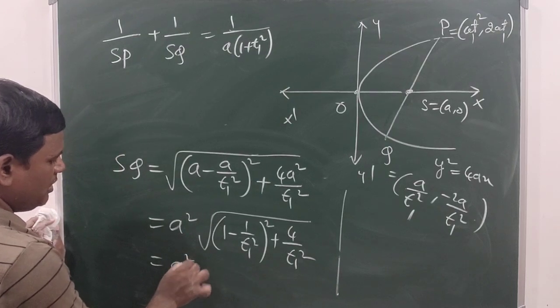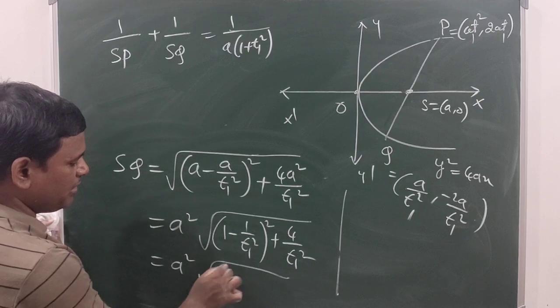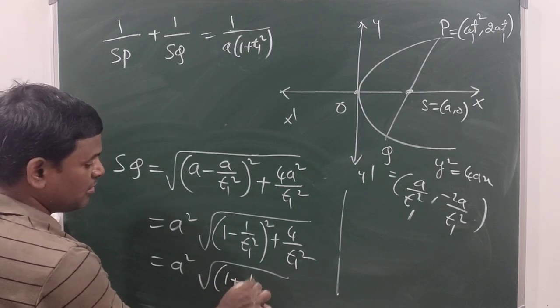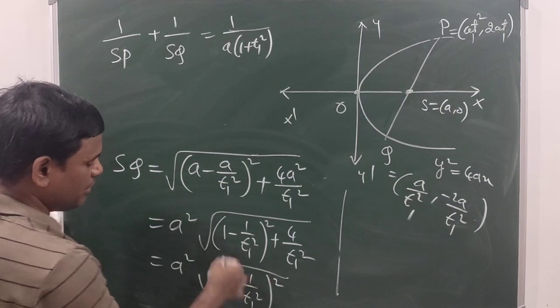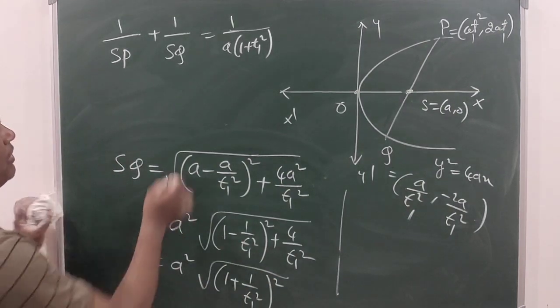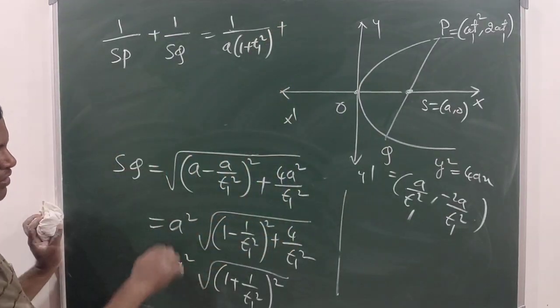So now A square, square root of A minus B whole square plus 4AB again. So you can write 1 plus 1 by T1 square whole square, square root to cancel. So finally we will get, okay, reciprocal of SQ, reverse of this.